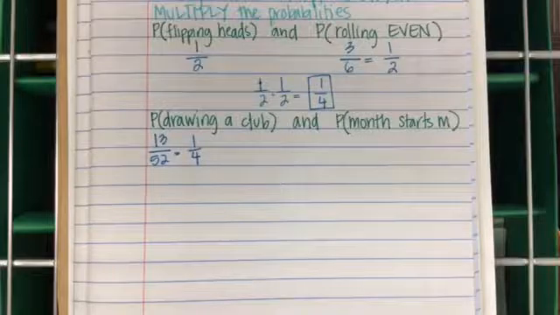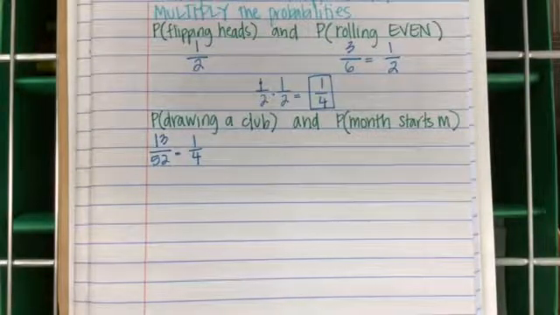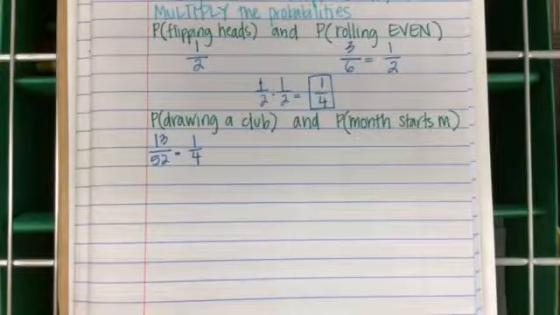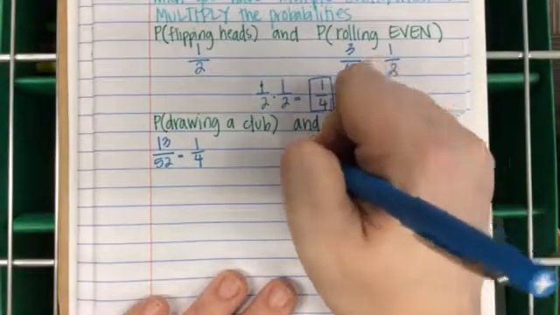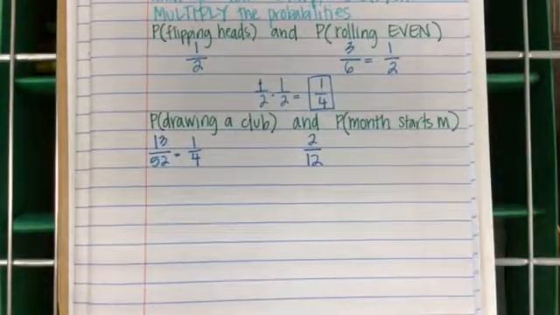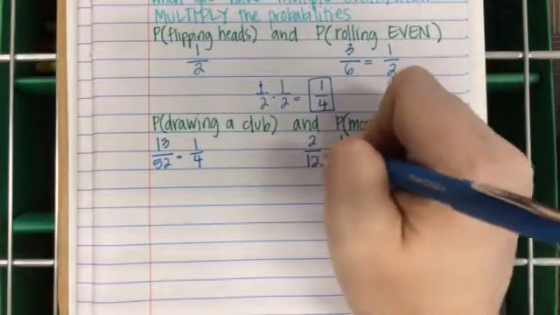That's 13 out of 52. And a month that starts with M. How many months start with M? 2. What are they? March, May. Good. 2 out of what? 12. 2 out of 12, which is 1/6.